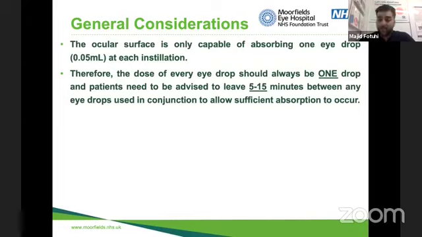And the patient needs to be advised to leave at least 5 to 15 minutes if they're using their eye drops together. And this is to allow sufficient absorption to occur. Some patients put a lot more than 1 drop, and they are wasting it because the eye is not capable of absorbing any more than that at any time.